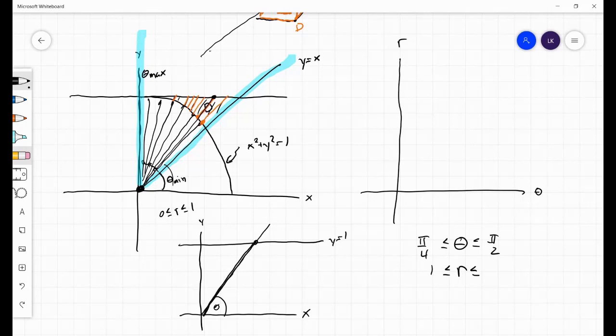This will represent the maximum value of r, the maximum distance. Can we write the maximal value of r as a function of theta?